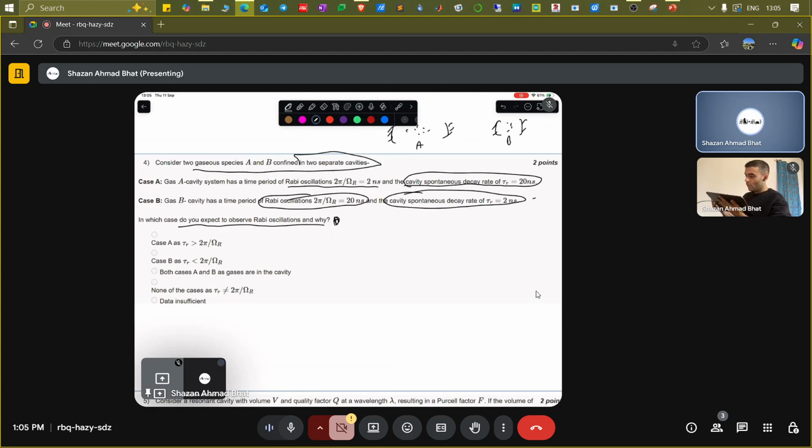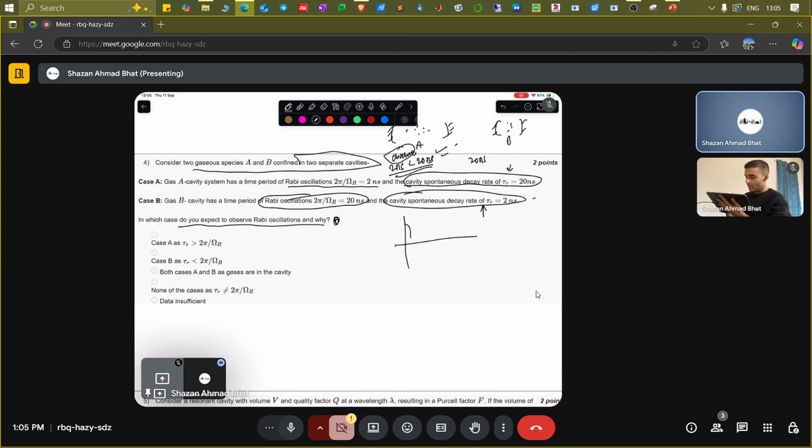Obviously, if you want to observe the Rabi oscillations, this decay time should be greater than that of the Rabi oscillation period. That means for this case, 20 nanoseconds, this 2 nanoseconds is much smaller than 20 nanoseconds. You are going to observe the Rabi oscillations.